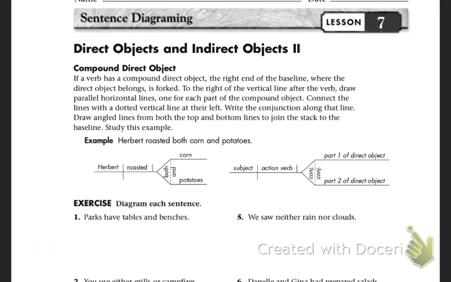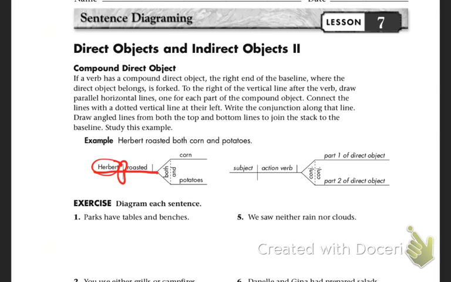This is when you have more than one thing that receives the action from the subject. Okay? So in the example, we have Herbert roasted both corn and potatoes. If you look at it, the baseline is right here. You have your subject, Herbert. What did he do?